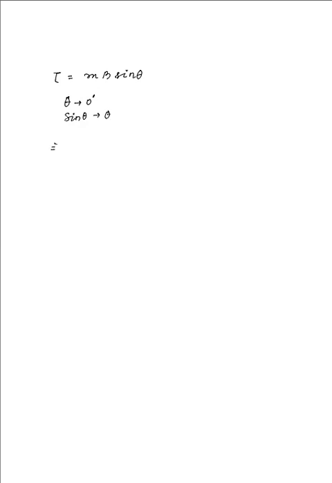So tau is equal to simply mB theta. Now this torque, in case of systems or magnetic needles, is restored back due to the restoring mechanism that is provided to the magnetic needle, and as a result we have a restoring torque acting.